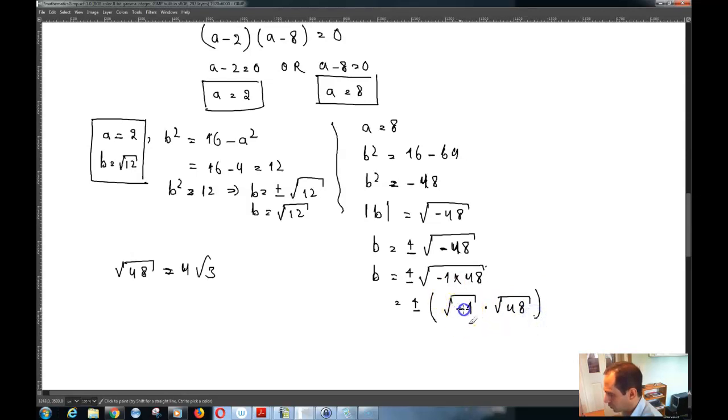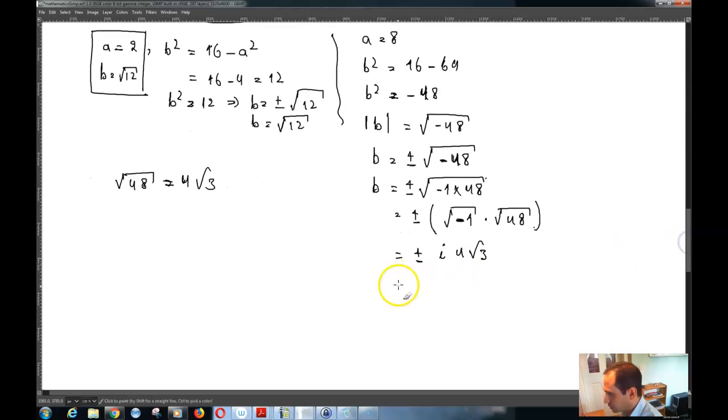Now, the square root of negative 1, by definition, is equal to i, and that's the unit imaginary number. So then I can write this as plus or minus i times the square root of 48, which is 4 times the square root of 3. So you can write this as plus or minus 4 square root of 3 i.